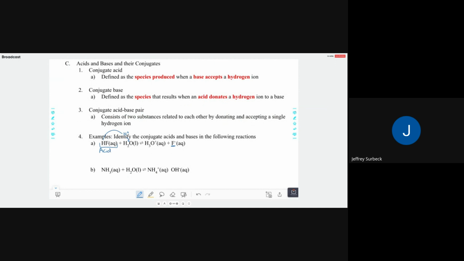Now, F minus, I've already underlined it, but now I want to talk about it. It is missing a particular H. Now, if you look up here, a conjugate base is what happens when we have a species donate its H. So therefore, our F minus here is classified as the conjugate base.